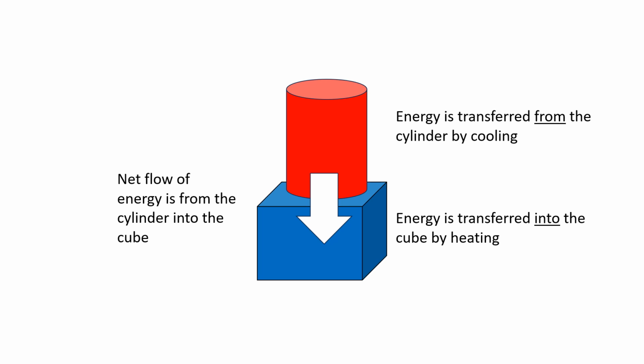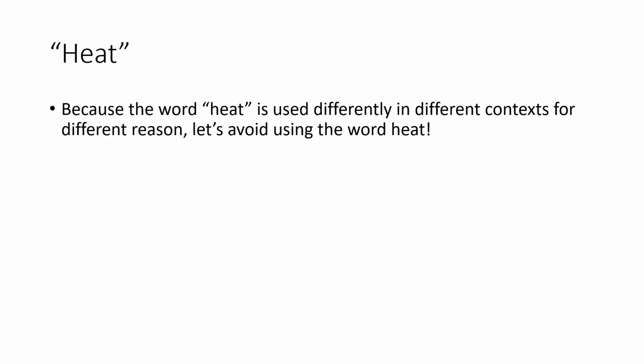We do need to be careful with those words. Those are action words. Heating and cooling mean transfer of energy. In the past, we may have used the word heat for that energy that is being transferred from one thing to another. Because that word gets used ambiguously, in a lot of different contexts for a lot of different reasons, we've decided that in AP Physics 2, we're not going to use that term.